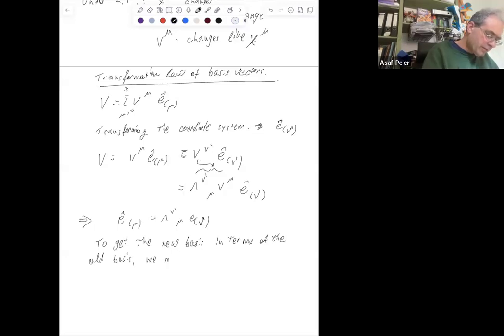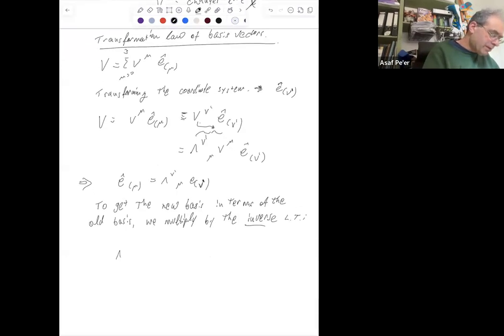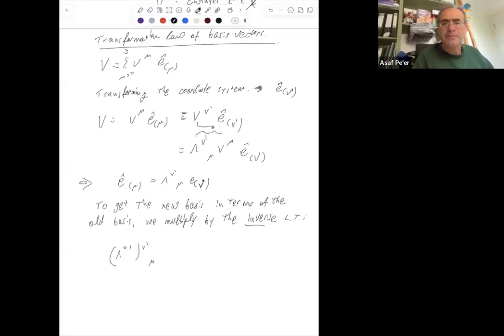we multiply by the inverse Lorentz transformation, lambda minus 1, nu prime mu. Now comes the subtle notation. Remember, I told you to keep a space here, right?